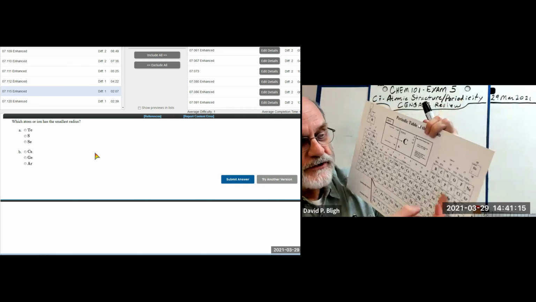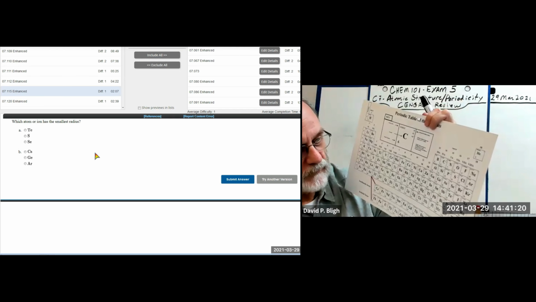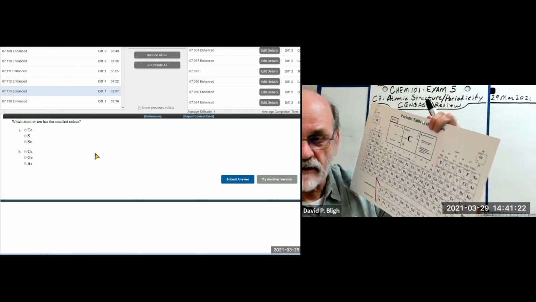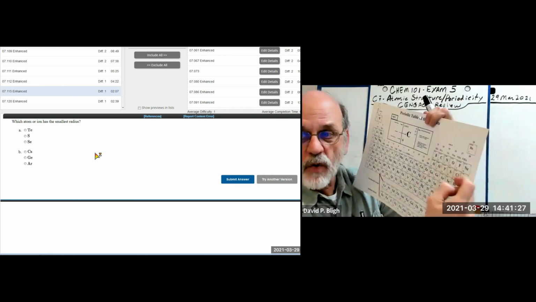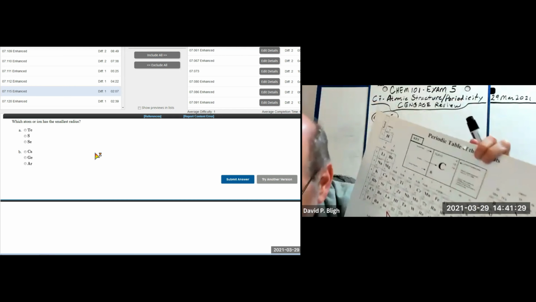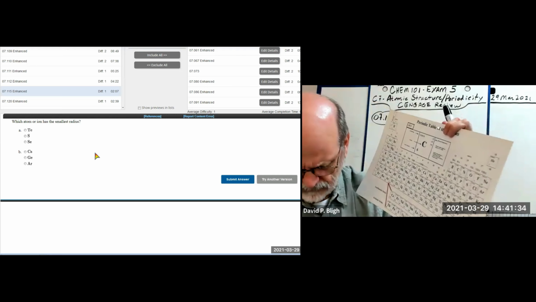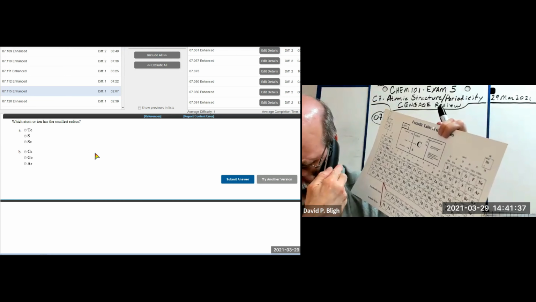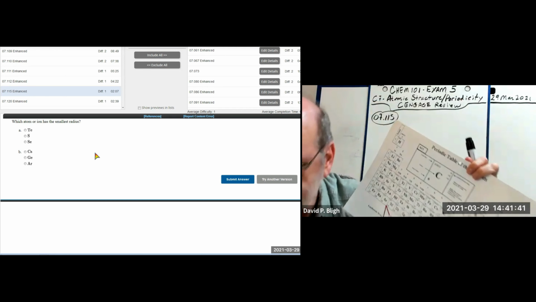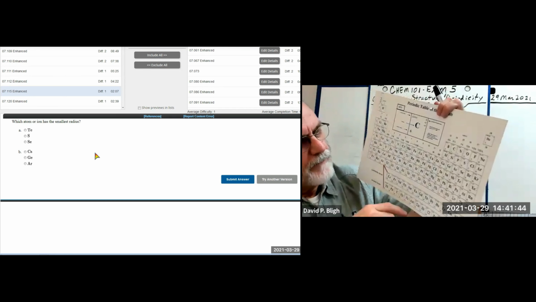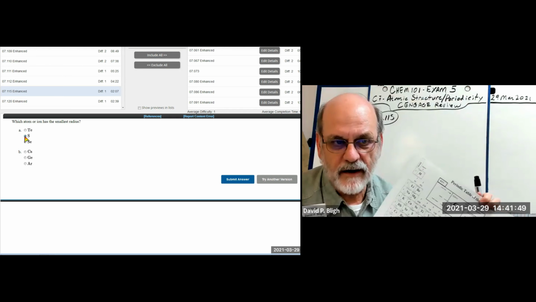So the sulfur should still be the smallest one, simply because you're adding electrons to a lower energy level for sulfur. Okay, so I would expect sulfur to be the smallest radius ion here.